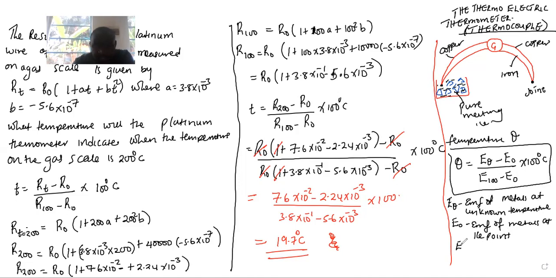Then this is E100, EMF of metals at steam point.